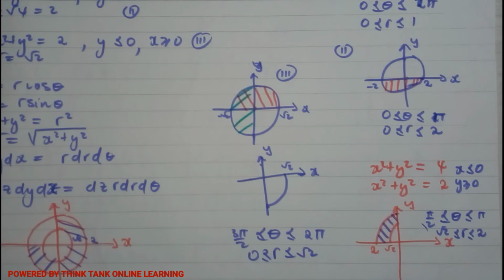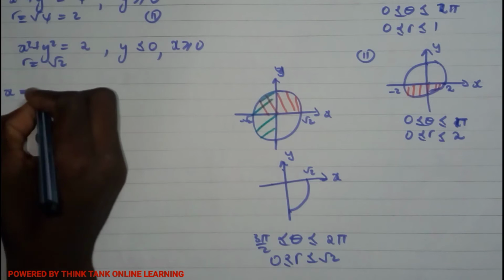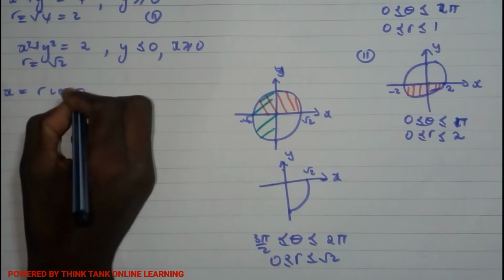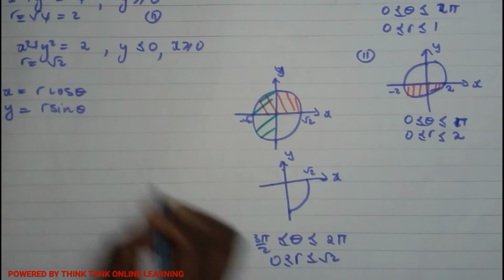So this is what we do in cylindrical coordinates. It is simple. In cylindrical coordinates, the z-coordinate doesn't change. The other thing you should know is x equals r cos theta, y equals r sin theta.